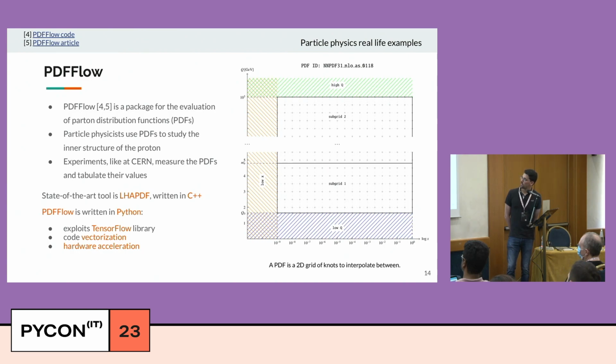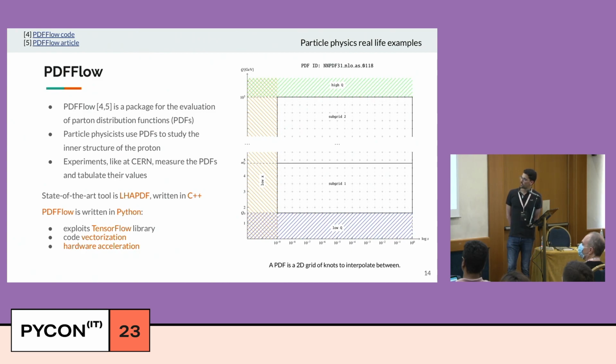And as you can see, the problem here is just to provide an interpolation between points in a grid that is pre-computed by some physics experiment. So the idea is that the user wants to draw a number inside this grid, 2-dimensional space, and you have to somehow return the interpolated values.